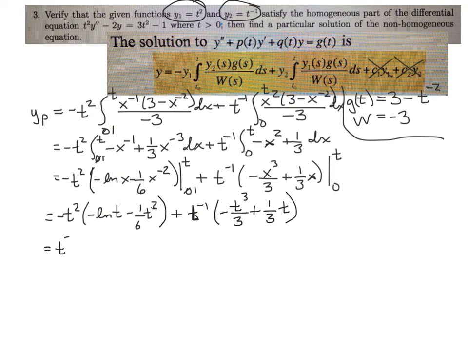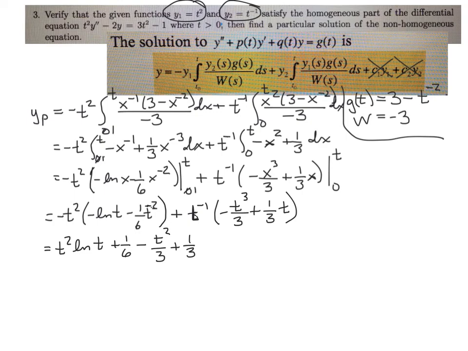So I've got a t squared natural log of t, then t squared times t to the negative 2 is t to the 0, which is 1, and then I've got a negative times a negative, so I've got a plus 1/6. Then here I'm going to have a minus t squared over 3, and looks like a plus 1/3, because I've got a t to the negative 1 and a t.